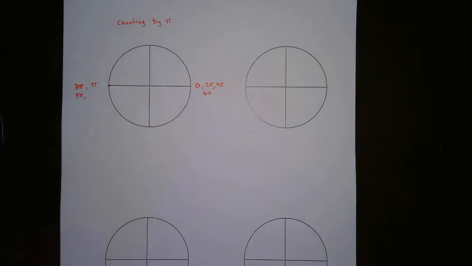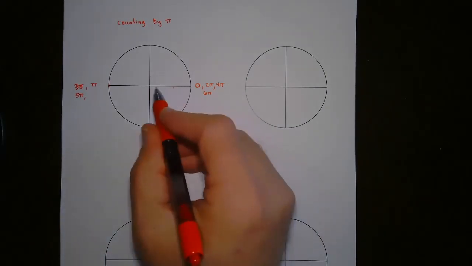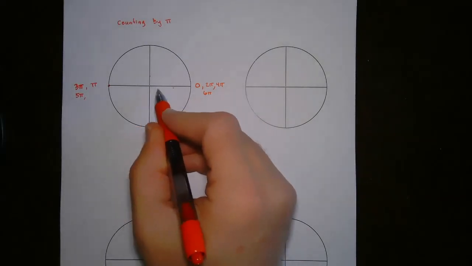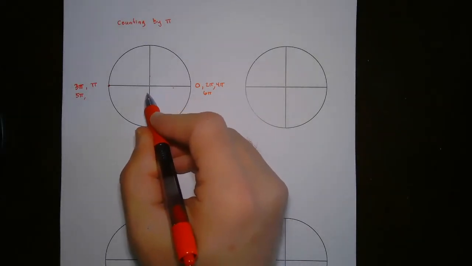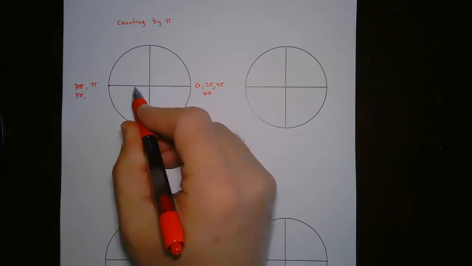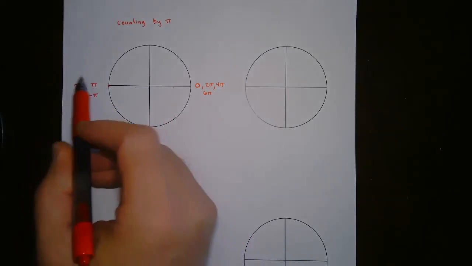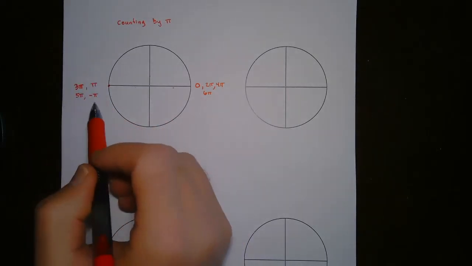Okay, now that's with positive angles. We could also do this with negative angles, and we would just be starting here on the positive x-axis and rotating clockwise, right? And if we count by pi's and we go this way, this would be negative pi, okay? So we can write negative pi. All of these would be coterminal angles, okay?